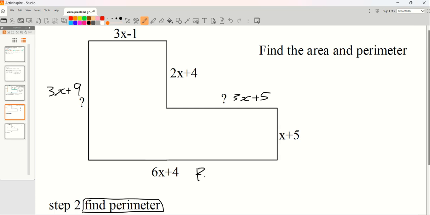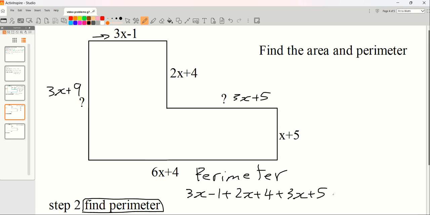So the perimeter is going to be equal to the sum of all the sides. Let's go ahead and do that. I'm going to start right here. This is 3x minus 1 plus the next one, 2x plus 4, plus the next one, 3x plus 5, plus x plus 5, plus 6x plus 4.